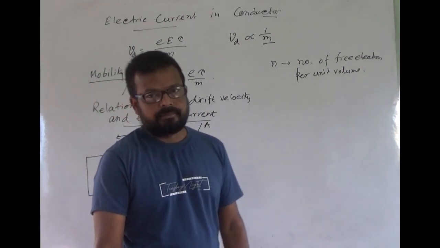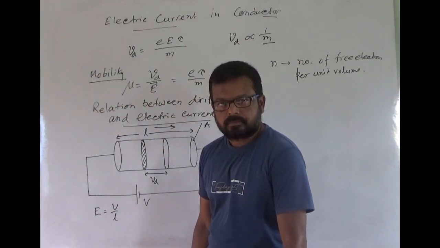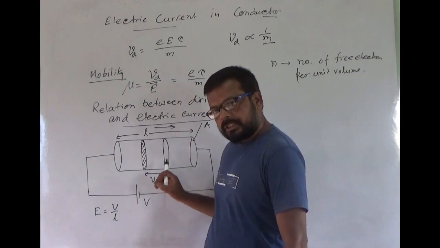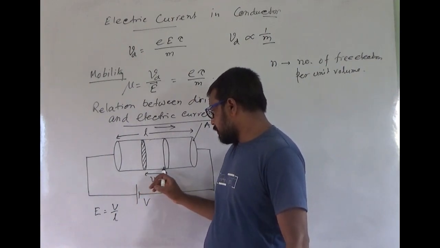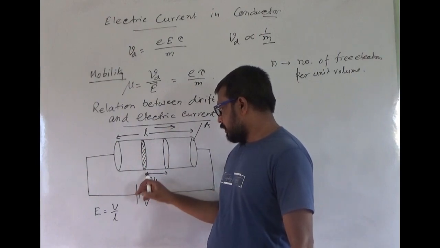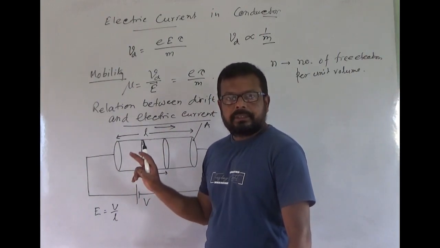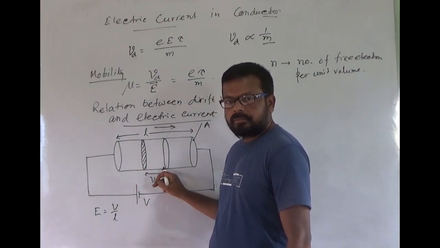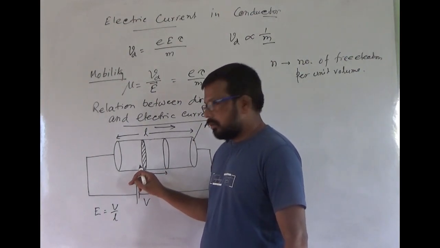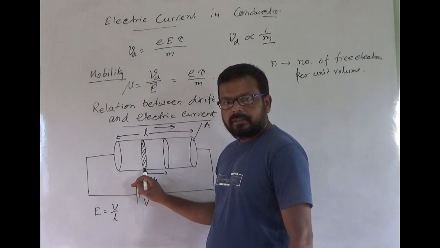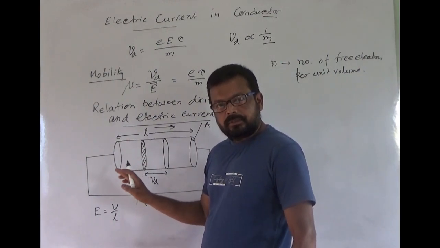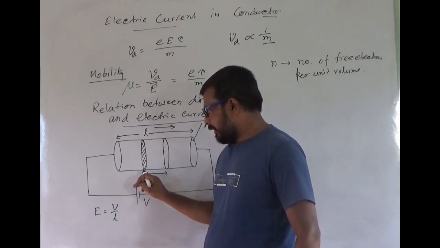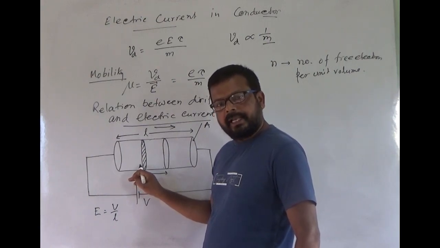Since the drift velocity is Vd and the length of this cylinder is Vd, the free electron at this position will cross this cross-sectional area in 1 second, because the drift velocity is Vd and the distance from this point to this point is less than Vd.